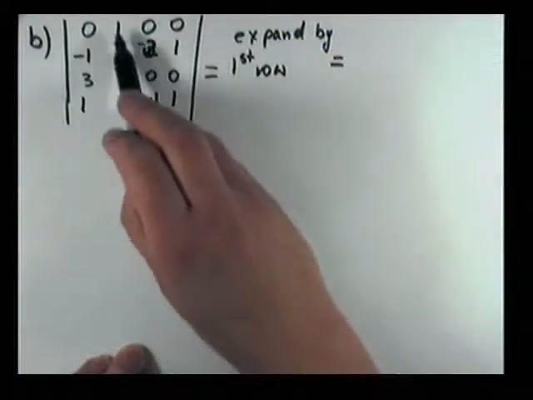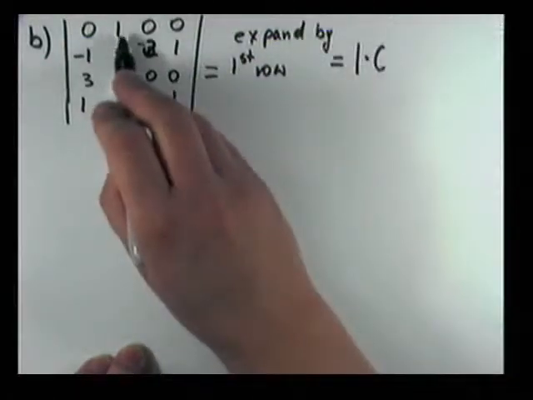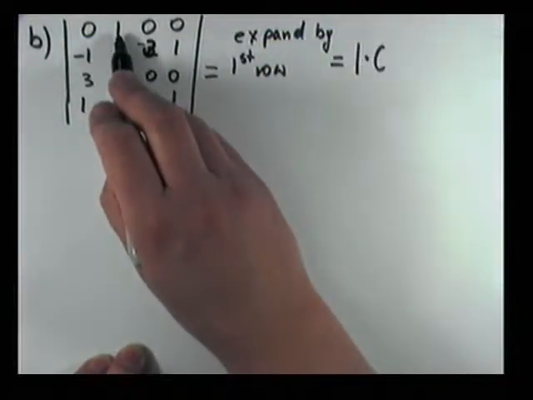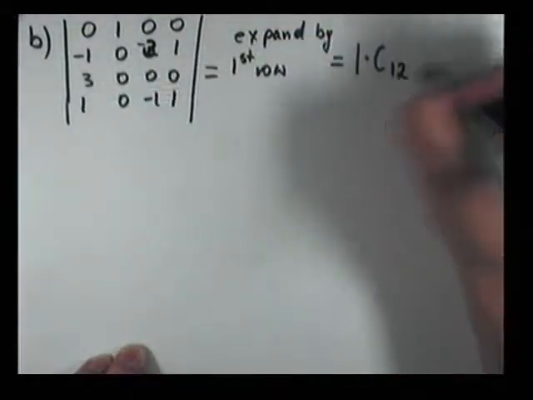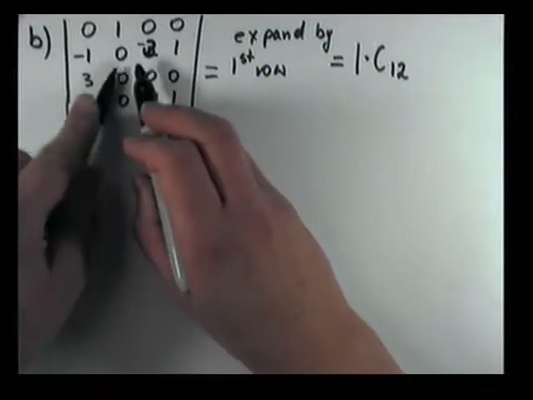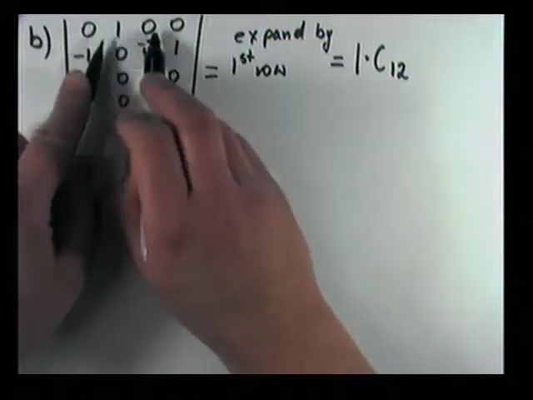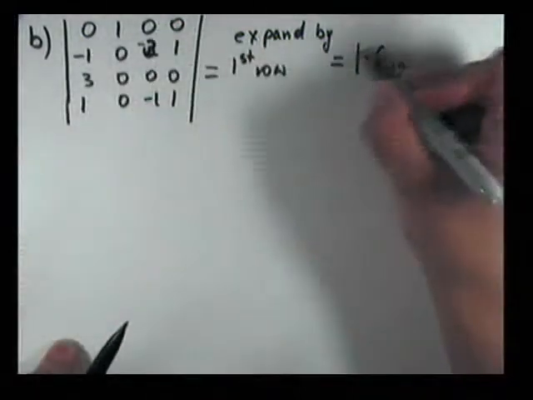So, write down the number 1 times the cofactor of the position. What is the position of this one? First row, second column, 1, 2. So it should be 0 plus this one plus 0 plus 0. I will write this nicely.